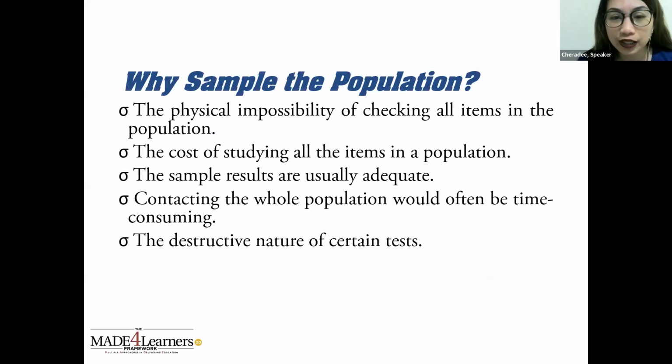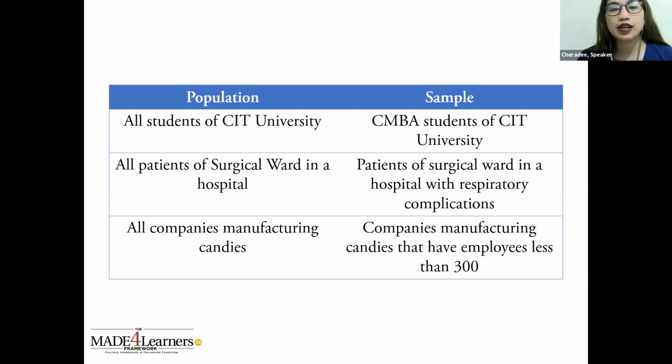Contacting the whole population will be time-consuming, and the destructive nature of certain tests. So the destructive nature meaning to say, some tests might be harmful to animals or to humans being tested. That is why we have to sample and not really check all the population, right?